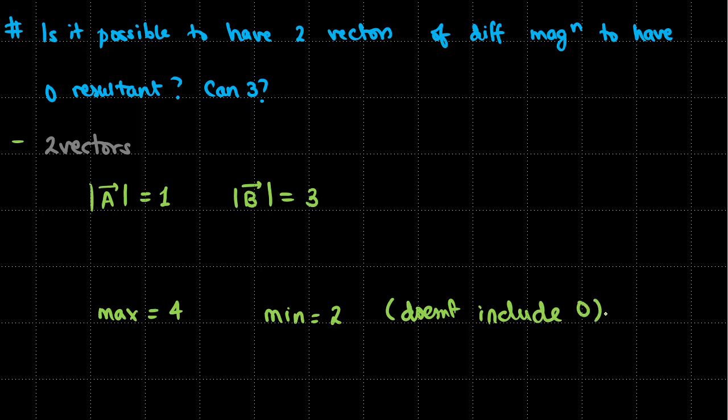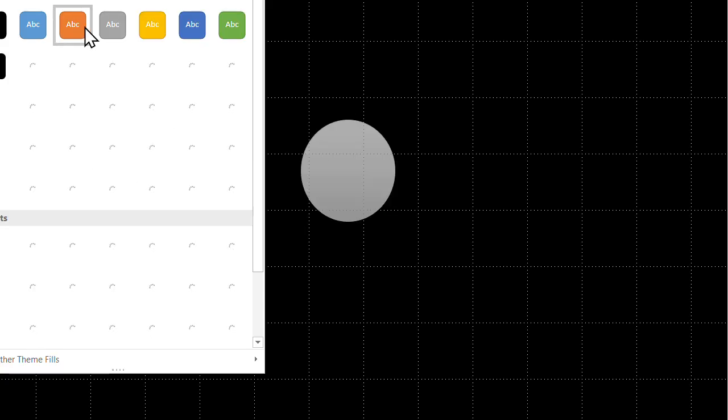So the question that arises is: is this a special case, or is this a general case that you can apply for anything else? So let's think about two vectors and what can result in zero resultant. I will do this on another page. Let's take a ball, and let's change its color to orange.